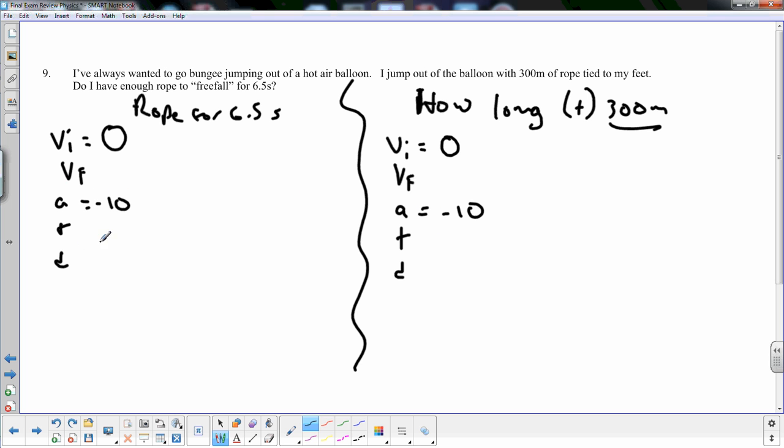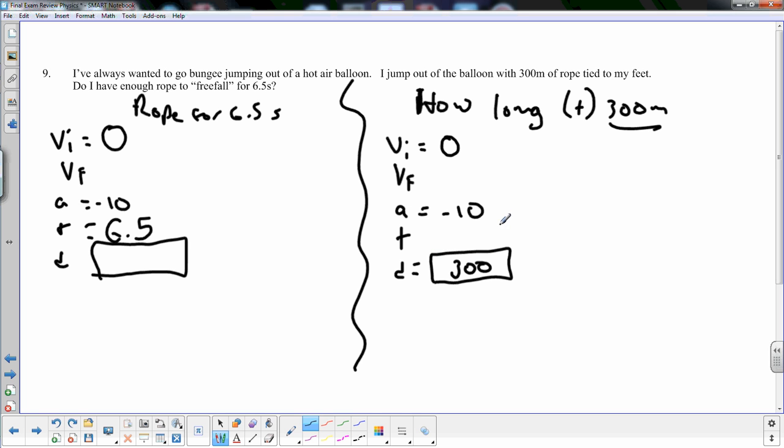If that distance is bigger than 300 meters of rope, that means one thing. If that distance is smaller than 300 meters of rope, that's another thing. Here, we're going to use the 300 meters of rope and solve for the time. If it's less than 6.5 seconds, that means one thing. If it's more than 6.5 seconds, that means something else.